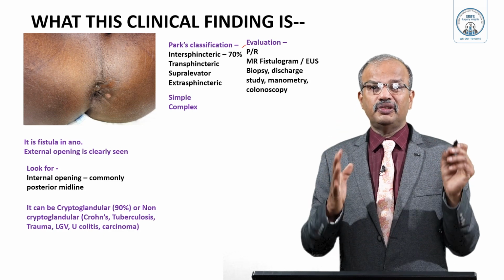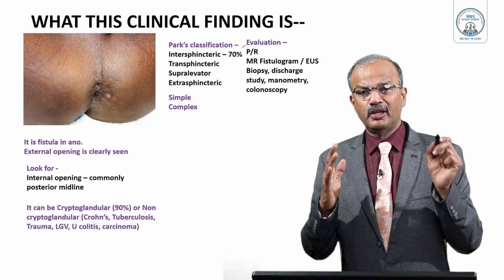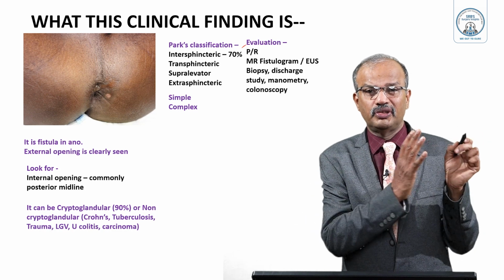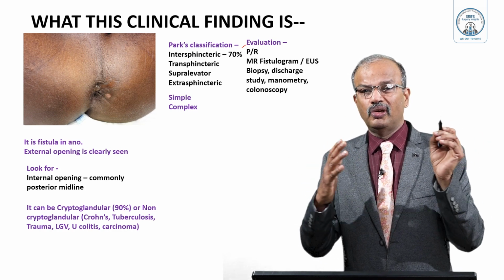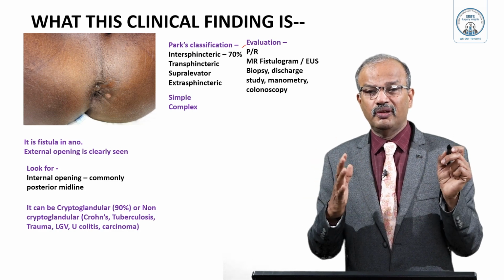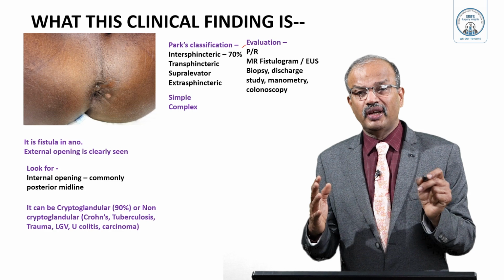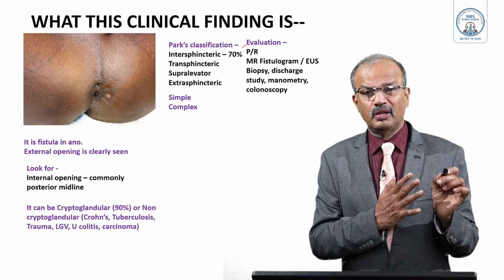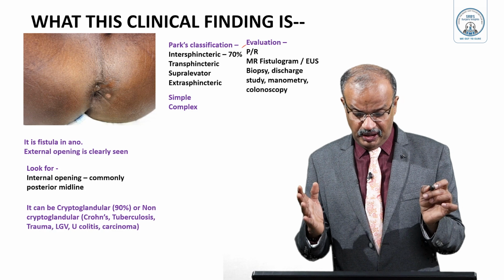Then of course the ideal investigation is MR fistulogram. It gives near 100% accuracy of the track, extensions, how many are there, simple or complex, sphincter nature, all those things. But sometimes imaging reporting may be wrong. So ideally you read the MRI or MR fistulogram yourself and correlate to the patient as such.